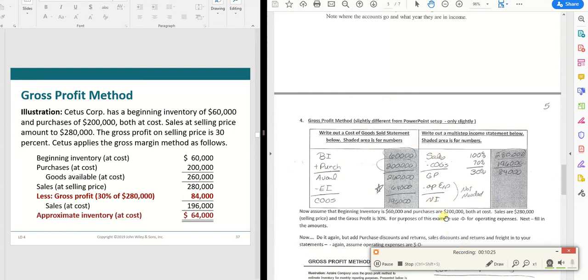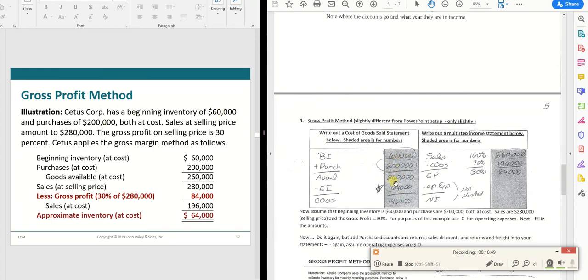And go ahead and write that out. We don't really need this part. You don't have to put not needed. Just know I'm solving for ending inventory. So, once I get my number, I don't have to fill out the rest. Okay, now I'm just going to start filling them in. I've circled where we have the numbers. So beginning inventory is 600,000. Purchases are 200,000.